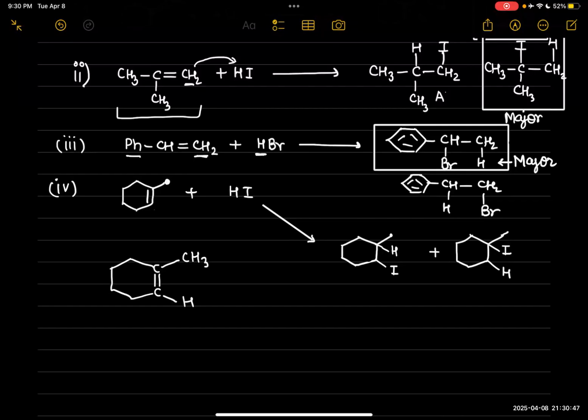On the bottom. Yes, bottom one, because you already have 1 hydrogen, so you are going to put the hydrogen on the carbon atom where you already have more hydrogens. Okay. So this is going to be the answer.